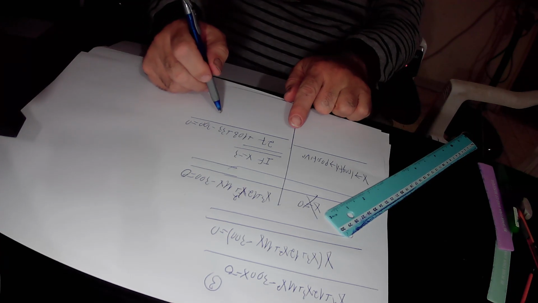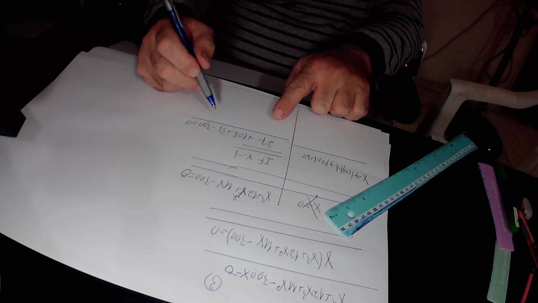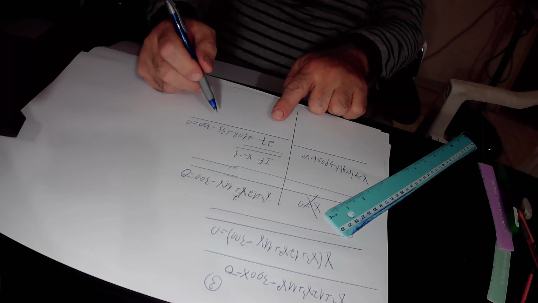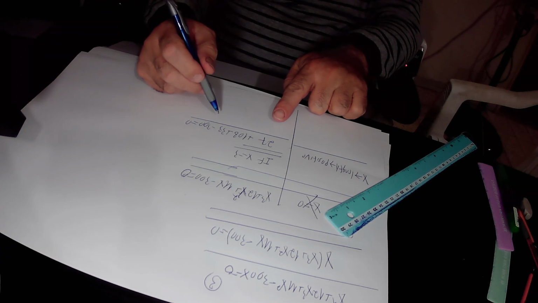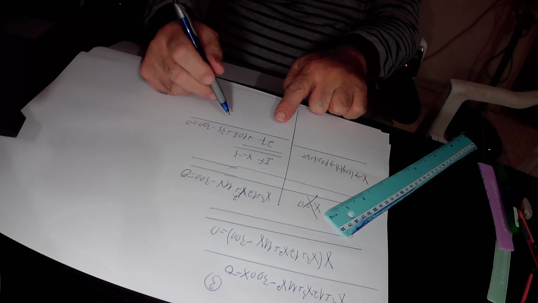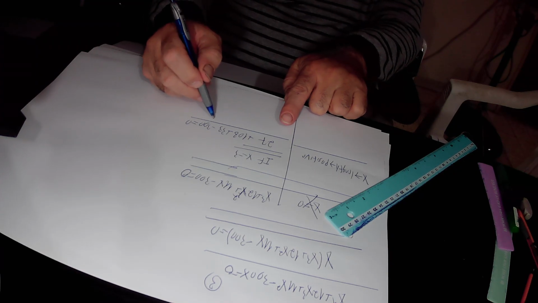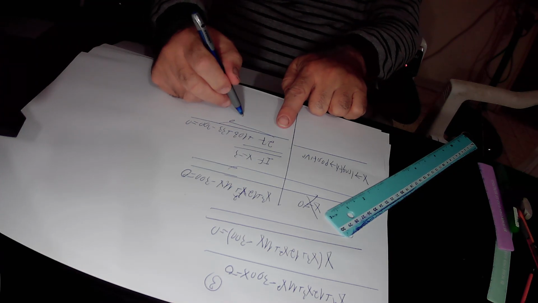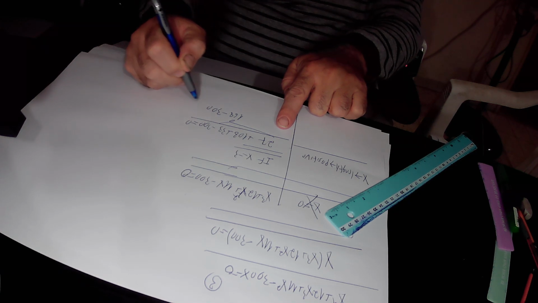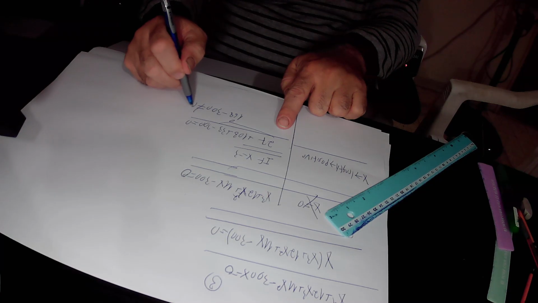Actually, we have 27 plus 33 plus 108, in total it is 168, so 168 minus 300 is definitely not equal to 0.